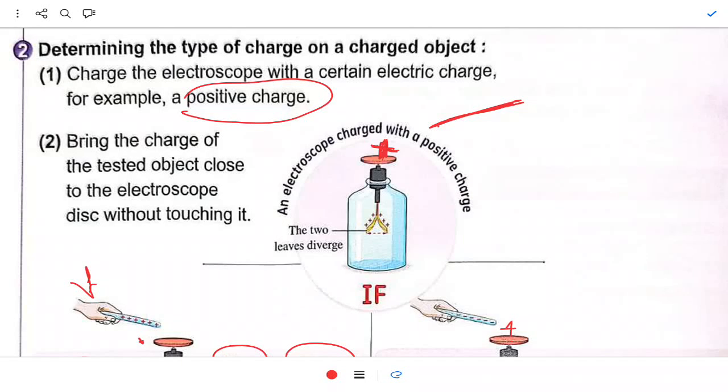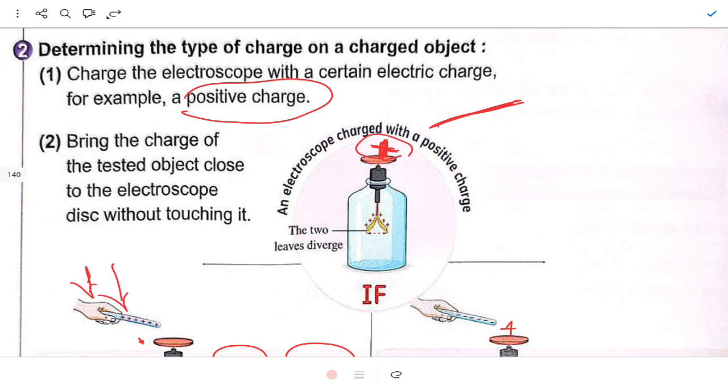Now let's repeat that again. If you want to determine the type of charge on a charged object, first charge the electroscope with a certain electric charge like positive. Second, bring the object to be tested close to the disc without touching it.